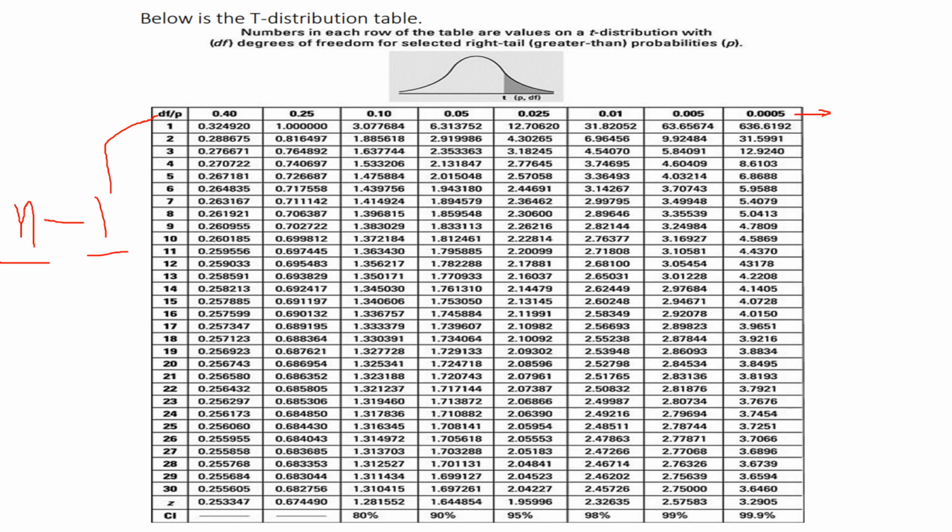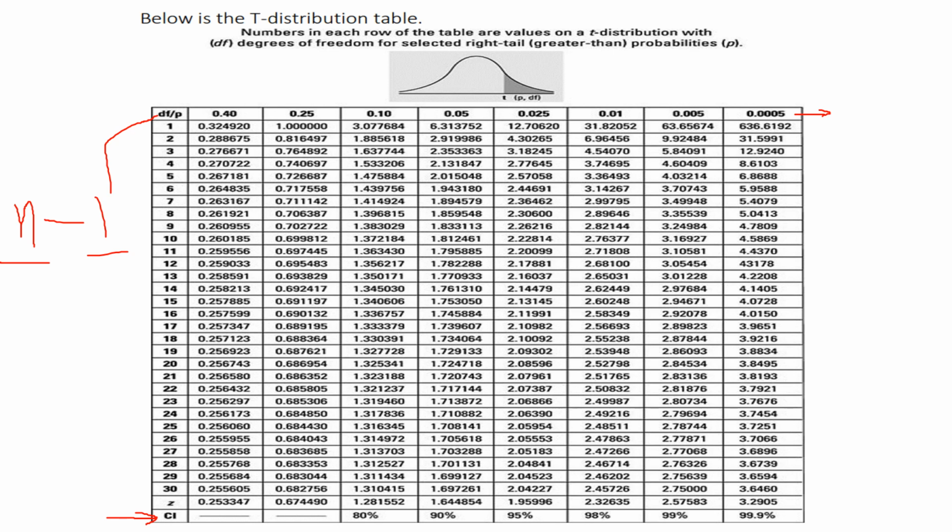Now, in the last row here for your CI or confidence interval, this will be 80%, 90%, 95%, 98%, 99%, and 99.9%. So this will be your confidence interval.